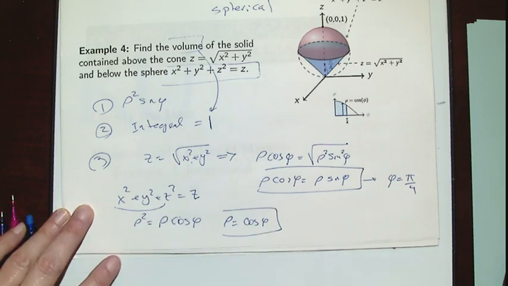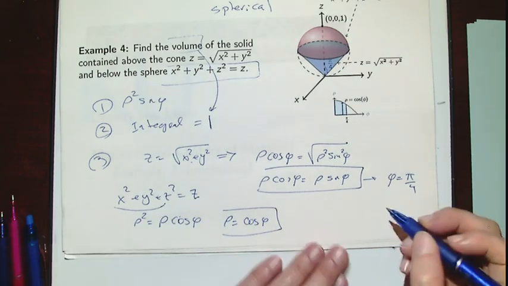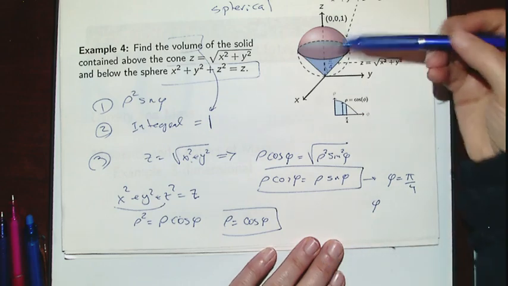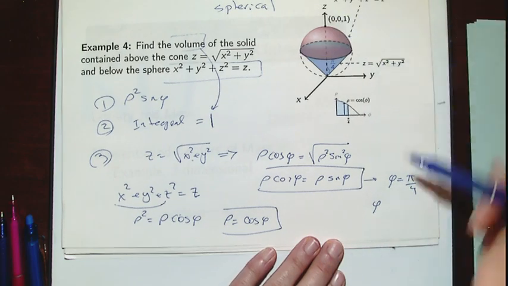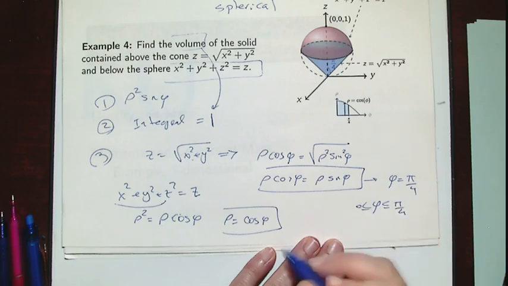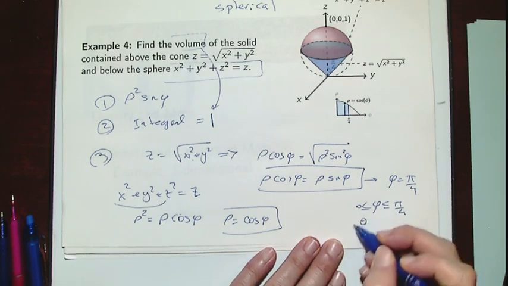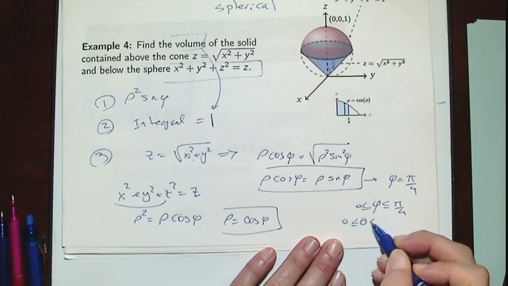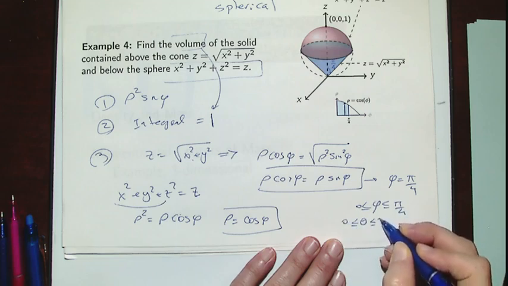I have all the boundaries. Let's find the bounds. Phi starts from up top and ends here, so between 0 and pi fourth. Now, theta, what does theta do? 0 to 2 pi.